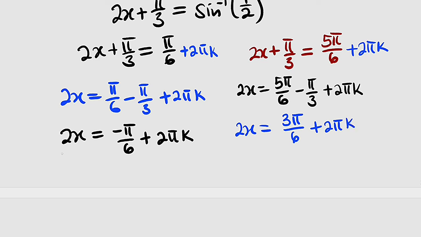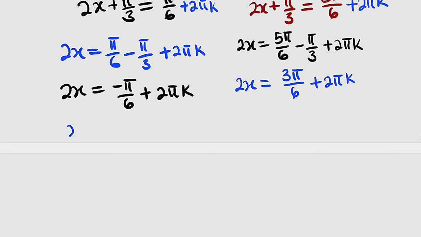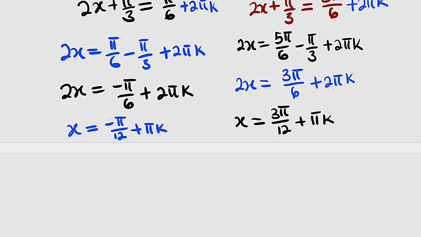Now let us divide both sides by 2 just to have the value of x. x here equal to negative pi/12, then plus pi k if you divide both sides by 2. If you do the same thing here, you have x equal to 3 pi/12 plus pi k. So these are the two solutions for this problem.